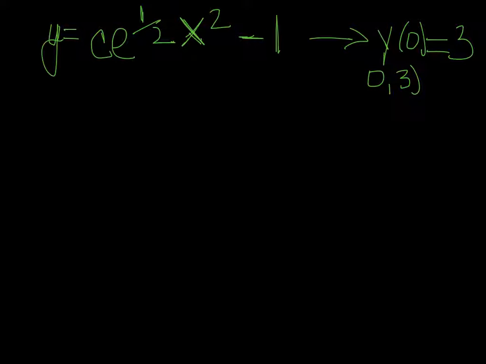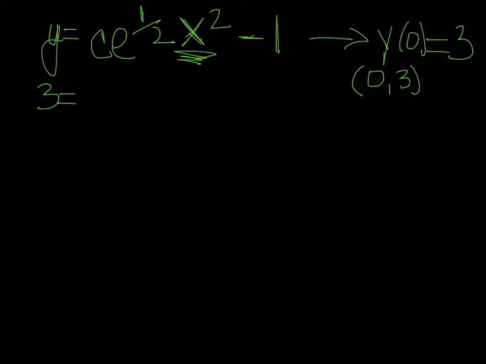So what you're going to do is go back to the equation that's on the left there, and wherever you see x, you're going to put in 0, and wherever you see y, you're going to put in 3. So that's what's on that answer key on that next step down. So I'm going to put 3 here. All right, now, if I put in a 0 for this x right here, 0 squared would be 0. 1/2 times 0 would be 0.